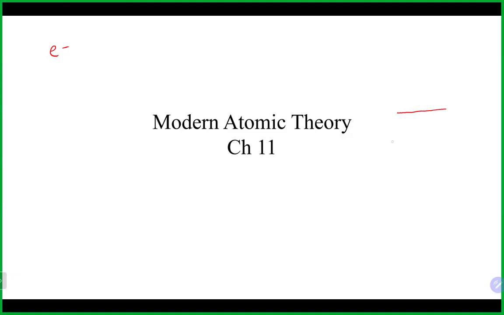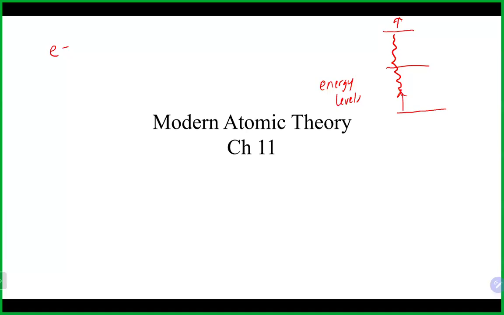So, for example, if we have some different energy levels, electrons, if this arrow represents an electron, can be found at different energy levels. And certain situations will excite an electron from a lower set of energy to a higher set of energy.